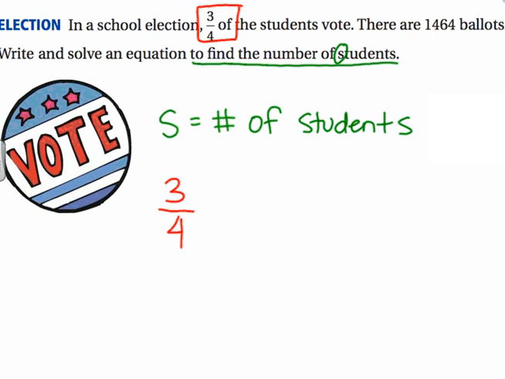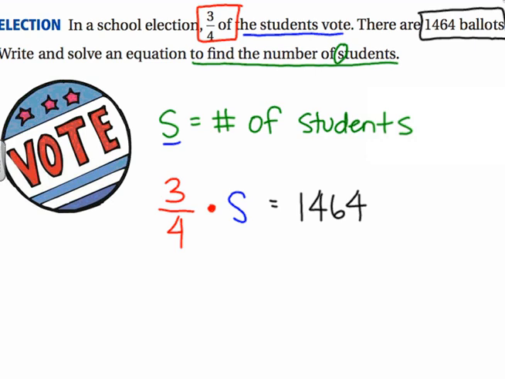I'll actually use a dot so it doesn't get confused with the variable. And then it says the number of students, so we're going to use S. So we're going to do 3/4 times S, and that amount is equal to 1,464. Now it looks kind of similar to the last couple equations we solved.